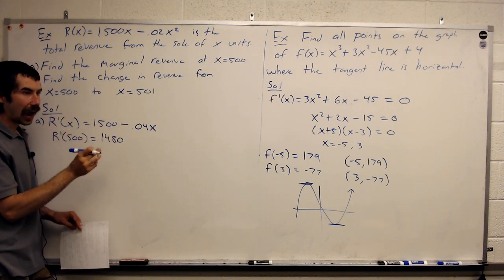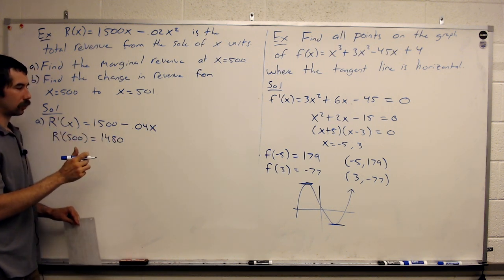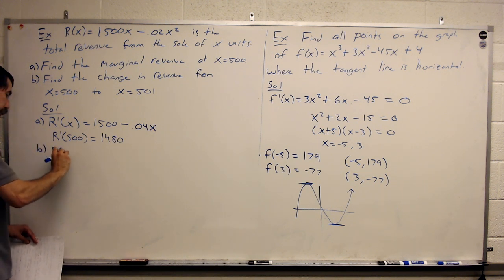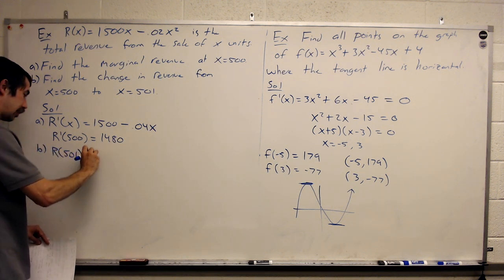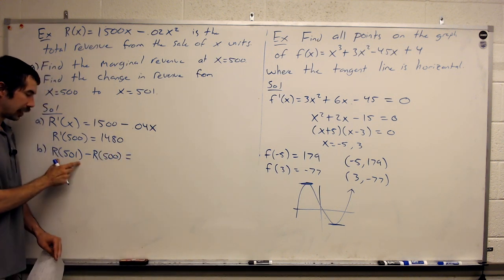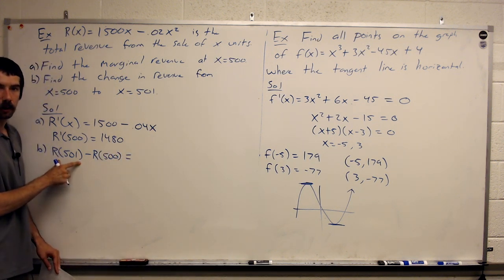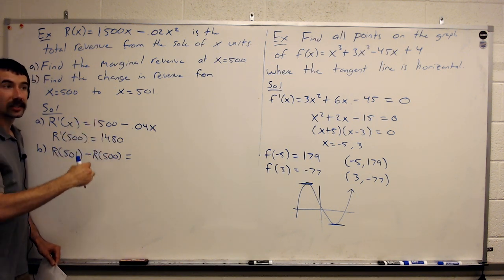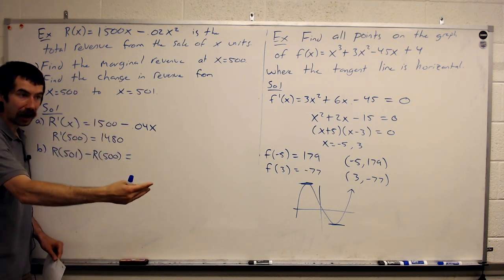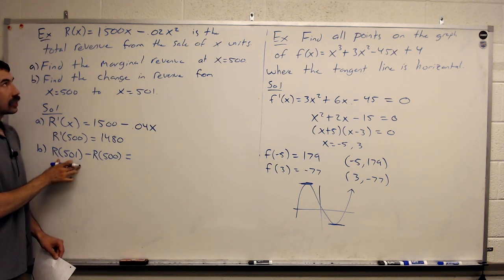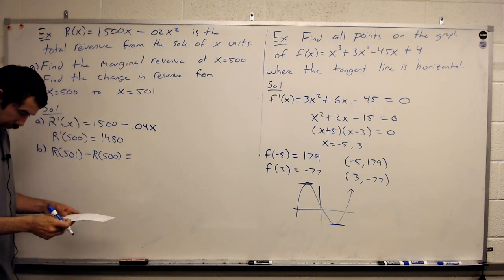We could find the actual change in revenue by doing R of 501 minus R of 500. Right? This is the total revenue after 501 sales minus the total revenue after 500. It tells us how much we increase by that 501st sale. So we plug this into our R function.